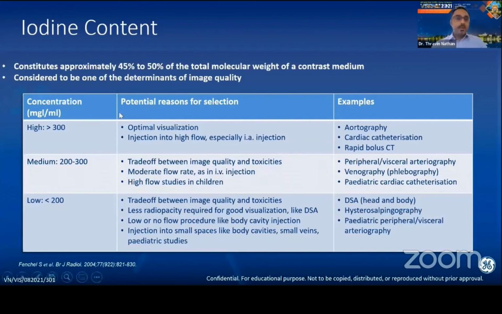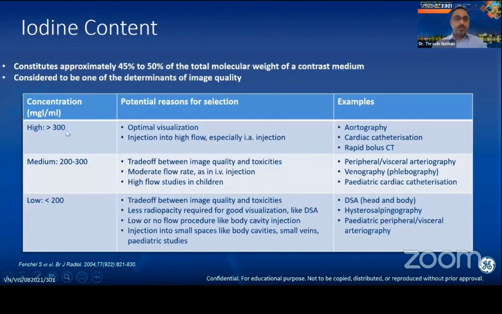Now, let's take a look at this table. You would see a range of different concentrations, as well as reasons for selecting these different concentrations based on the type of procedures and the conditions that you would like to actually examine the patient in.